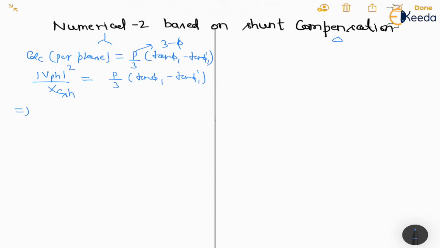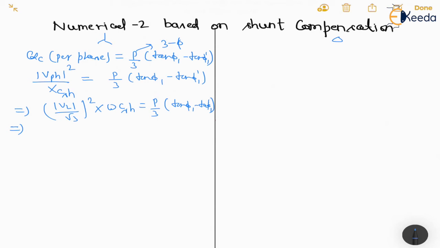So now we know that VPH value is equal to VL upon root 3, square, into 1 upon XCSH, and XCSH is equal to 1 upon omega CSH. So omega CSH is equal to P by 3 tan of phi 1 minus tan of phi 1 dash.